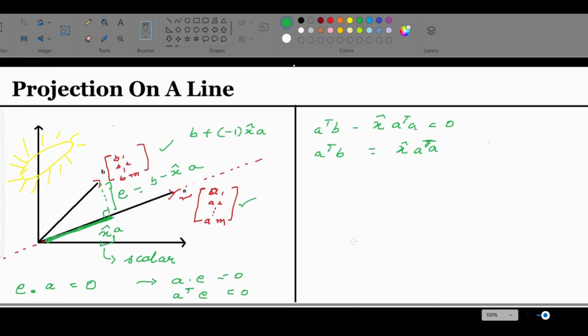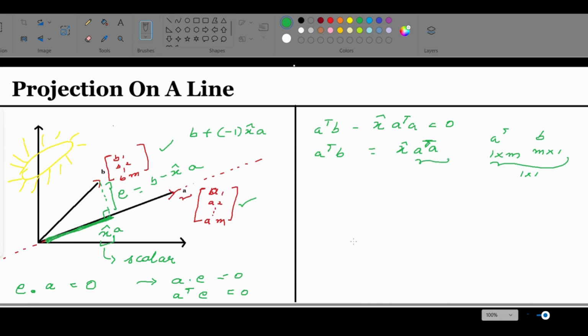A transpose is in fact a row vector because it's a transpose, and its shape is 1 cross M. Along with this, let's take the vector B, which is a column vector, and its shape is M cross 1. And when you multiply these two, you get a 1 cross 1 vector, which is in fact just a scalar value.